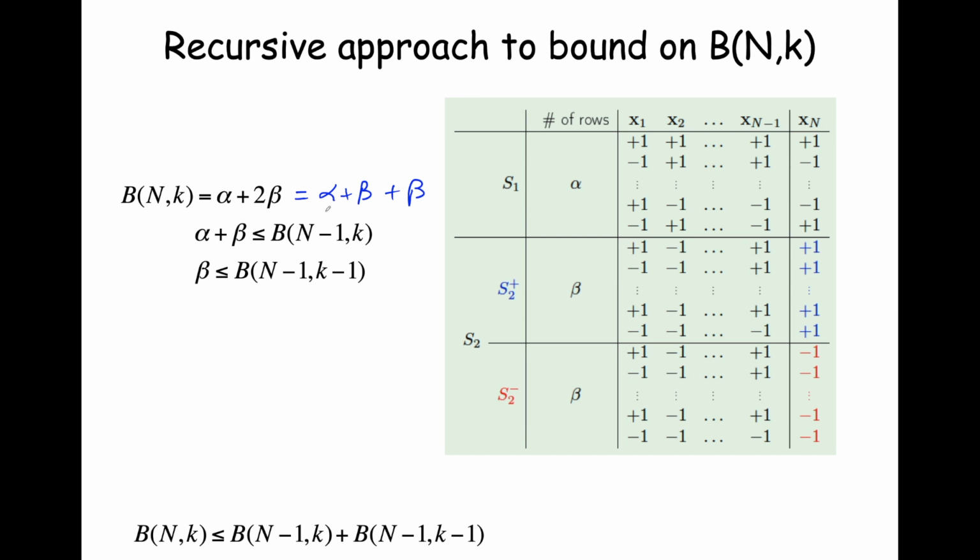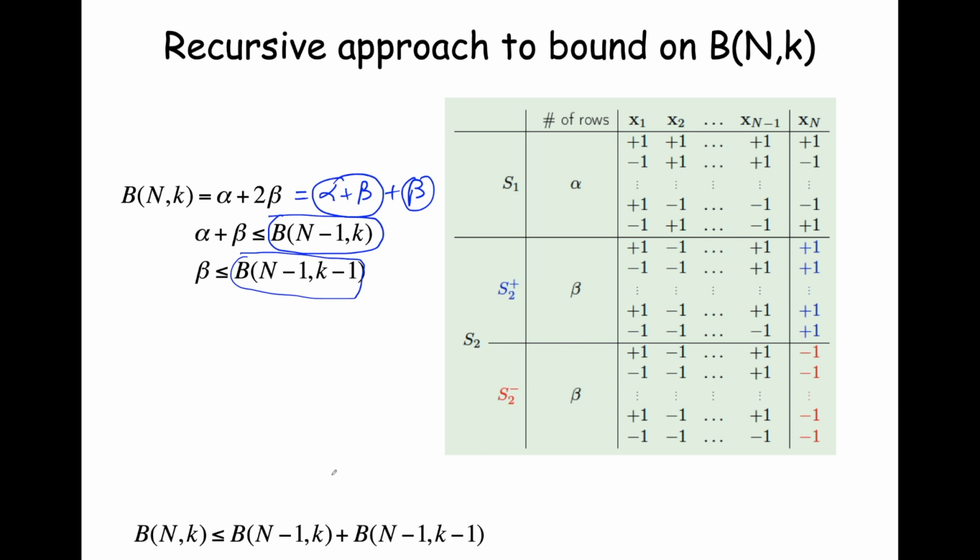So now if we substitute for this first alpha plus beta, this upper bound b of n minus 1 comma k, and we substitute for this beta, this upper bound of b of n minus 1, k minus 1, we get the following expression: b of n and k is at most b of n minus 1 and k plus b of n minus 1 and k minus 1. So this step is just substitution.